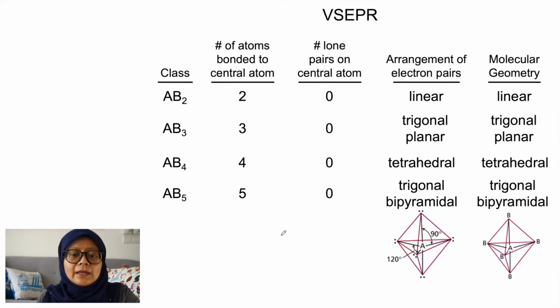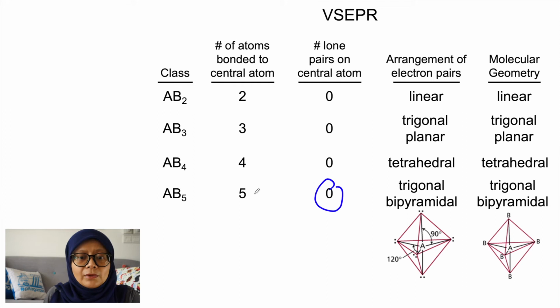And the fifth one, this is the fourth one, the structure with no lone pair at all, zero lone pair on the central atom, and we have 5 bonded surrounding atoms to the central atom, with the class of AB5 or AX5.